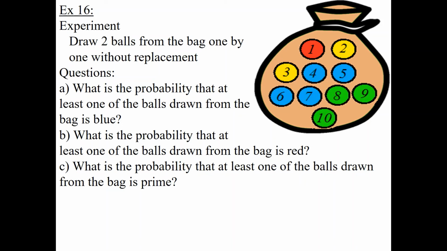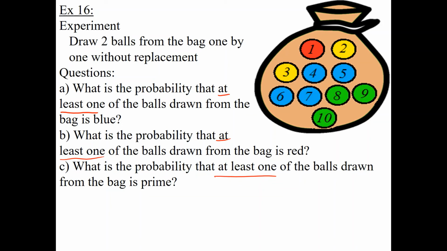Okay, and the first question is, what is the probability that at least one of the balls is blue? Part B says, what's the probability that at least one of the balls drawn from the bag is red? The third one is the probability at least one of the balls drawn from the bag is prime. So just keep in mind what the experiment is. We're drawing 2 balls, 1 at a time without replacement, and these are all at least 1 questions.